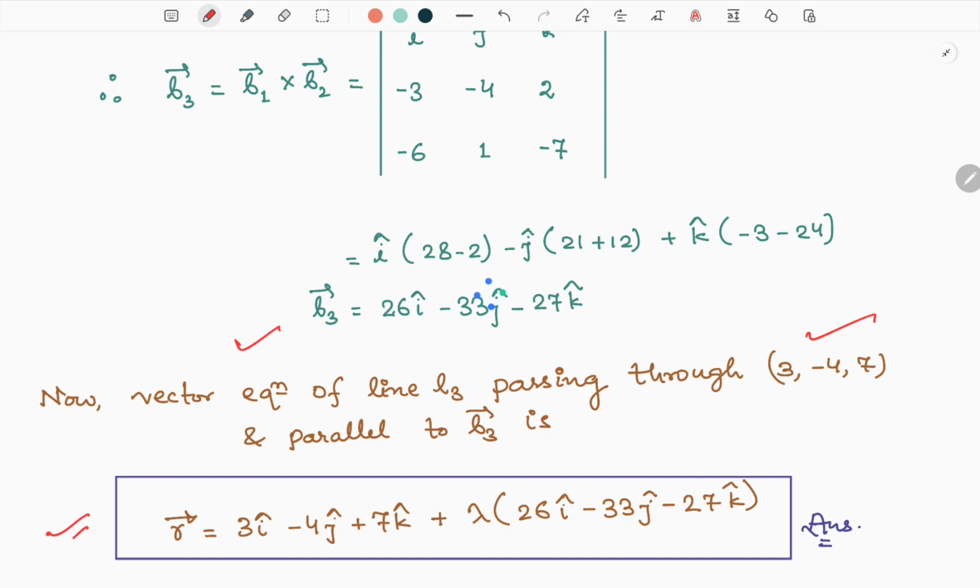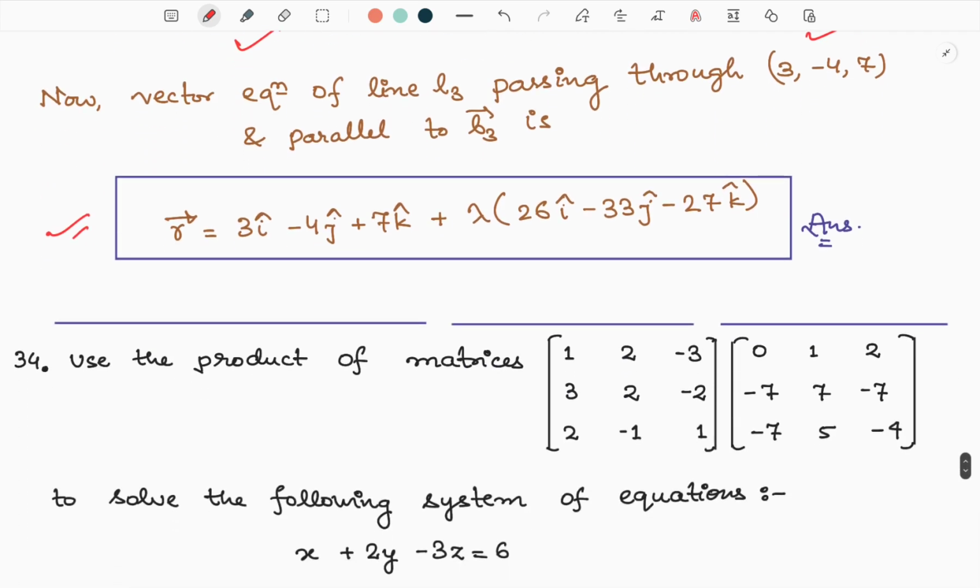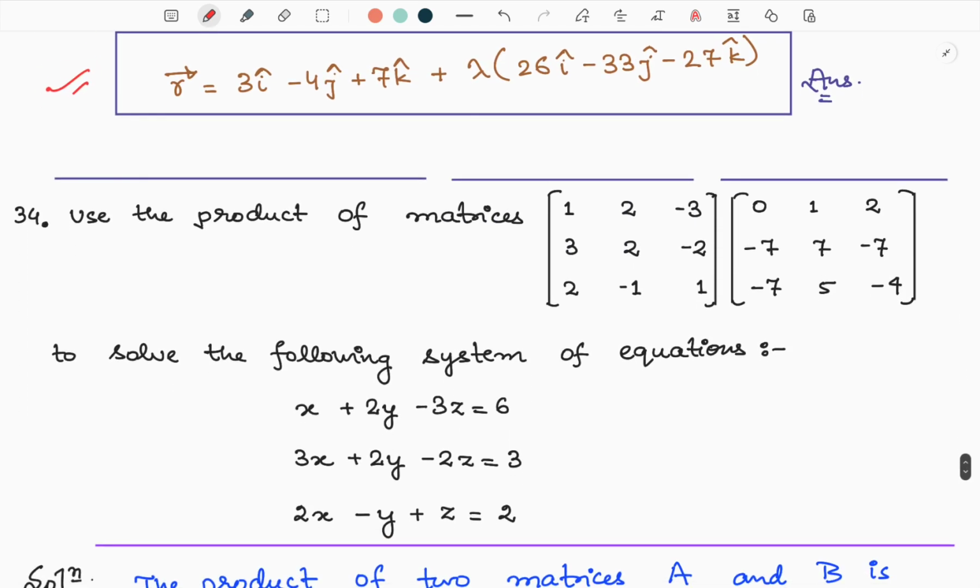Now let's move to question number 34. Question number 34 is asked from the chapter of determinants. Again, a very basic type of question. We are asked to find the solution of the given system of equations, and we are not just simply asked to find it by using this equation.